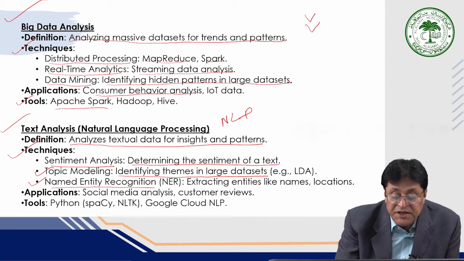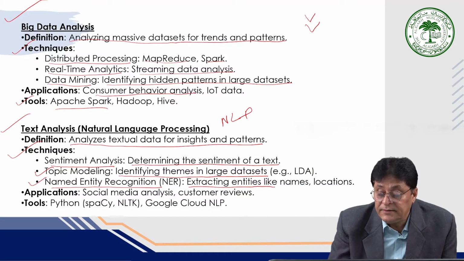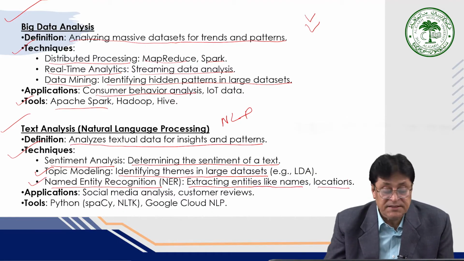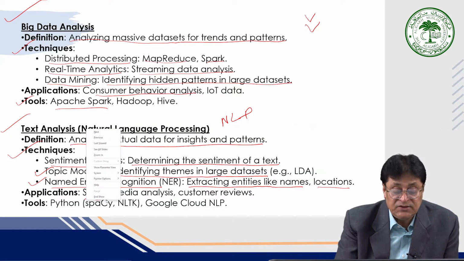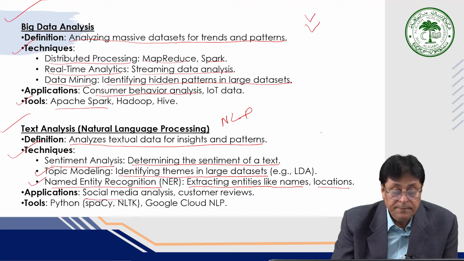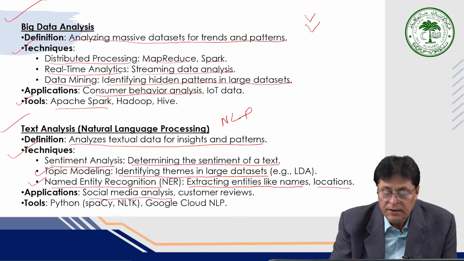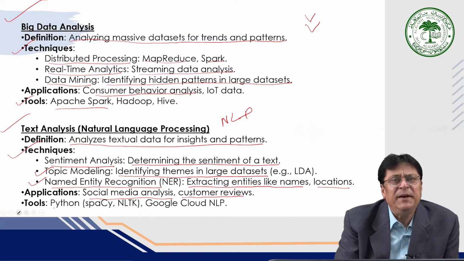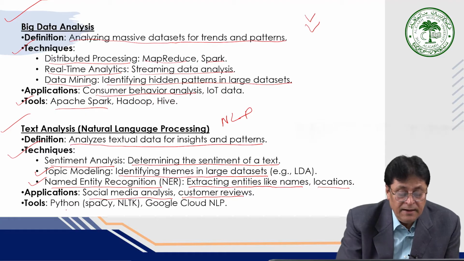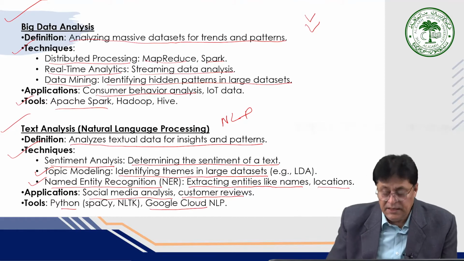Named entity recognition, another technique for extracting entities like names, locations, etc. Text analysis or NLP is used in social media analysis. We all make use of social media these days. It is also used for analysis of customer reviews, as we just discussed. There are many tools, Python and Google Cloud NLP, and likewise many others.